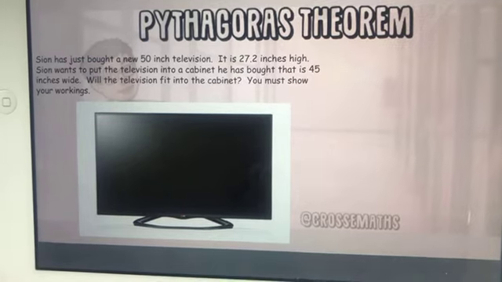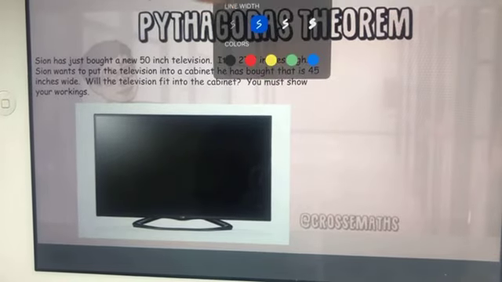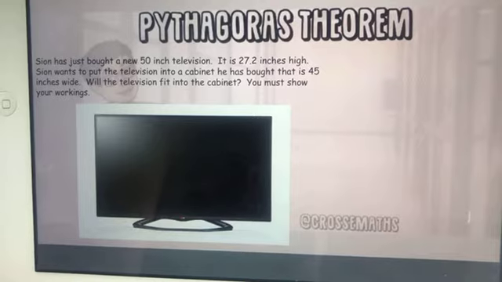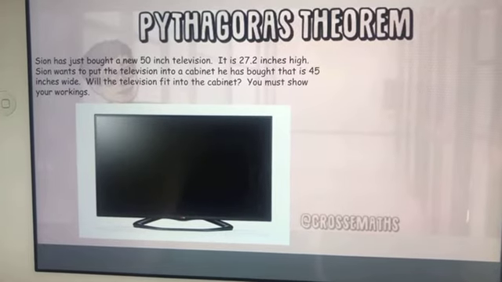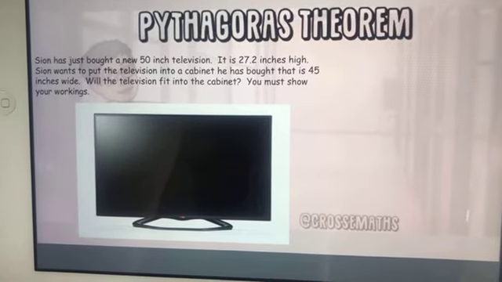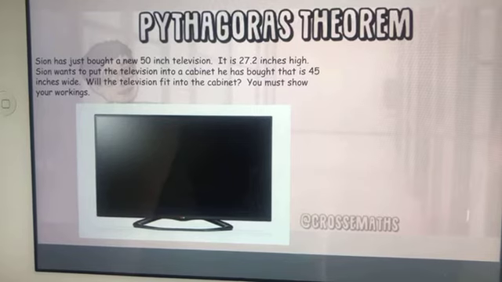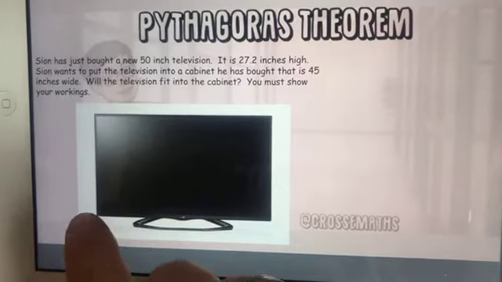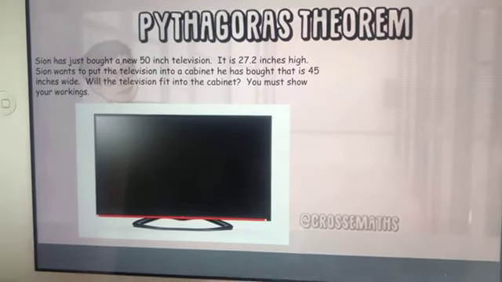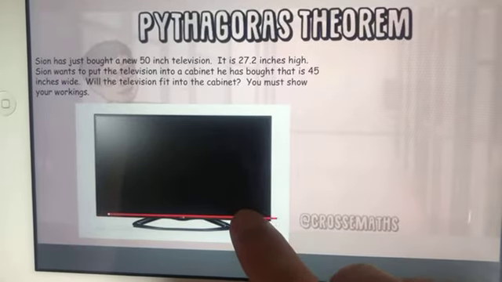Last minute on this, guys, and I'm going to go through it. Right, so they want to know how wide it is, and that's this distance along here, which I've drawn in red.